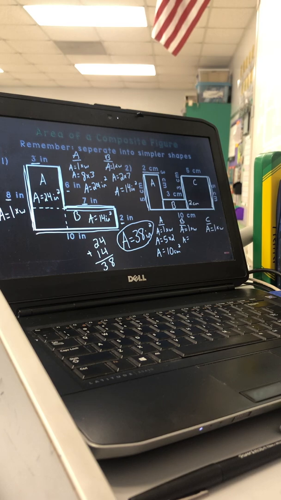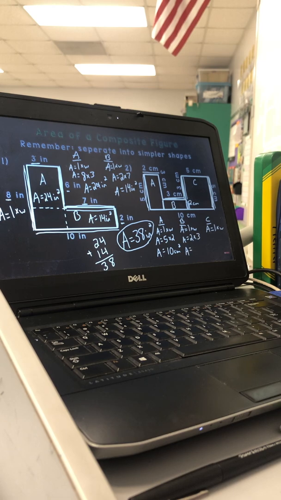I figured that out because this 3 right here plus this 2 centimeters equals the total height of 5 centimeters given to us on the left and right hand side. So sometimes in composite figures, you have to figure out some measurements that aren't given. So our length is going to be 2 times the width of 3 centimeters, which is given.